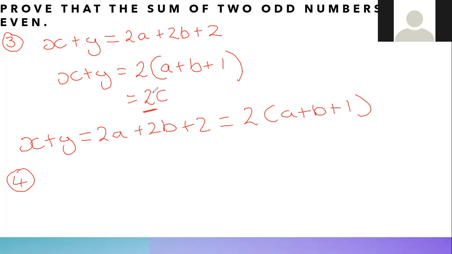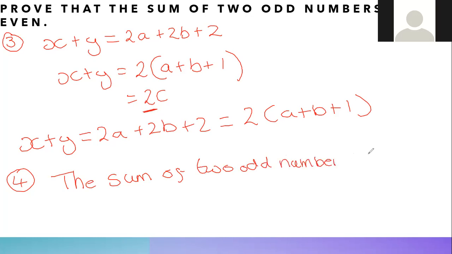No matter what we do, every time we add these odd numbers together, we are getting an even number. So our final statement is: the sum of 2 odd numbers is an even number.